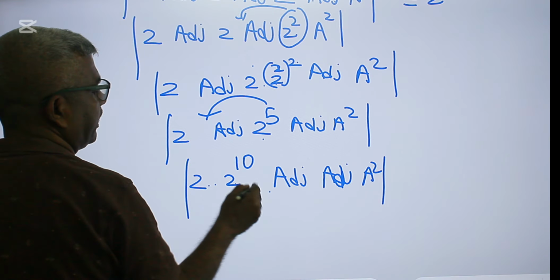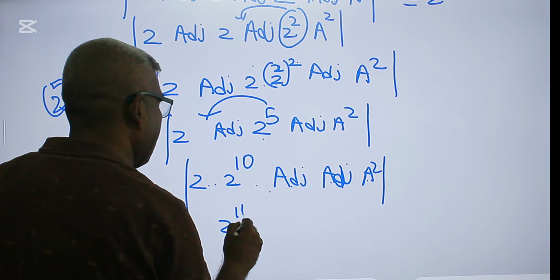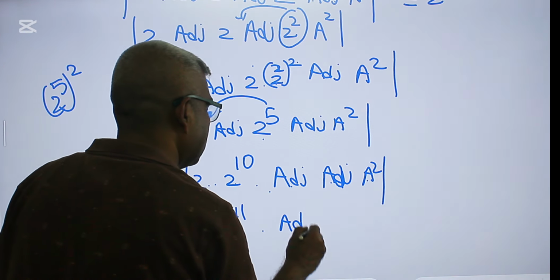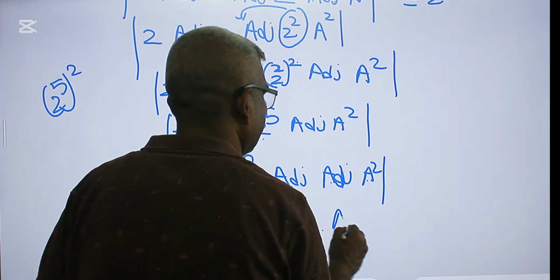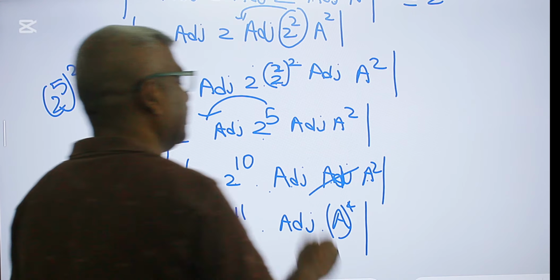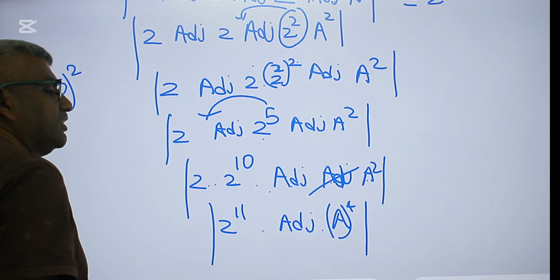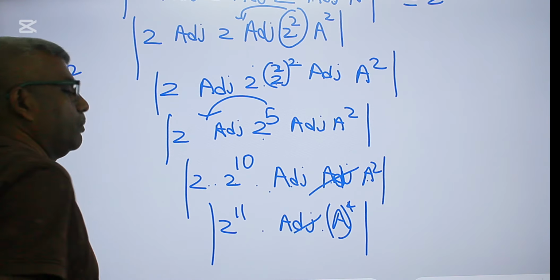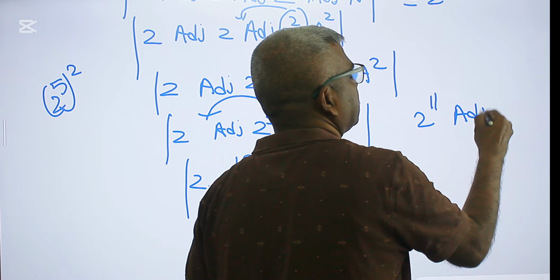2 power 10 adjoint A square, 2 power 11 adjoint A squared is A power 4, because this adjoint I removed. Next, this adjoint I am going to remove. So what will be the 2 power 11 adjoint?